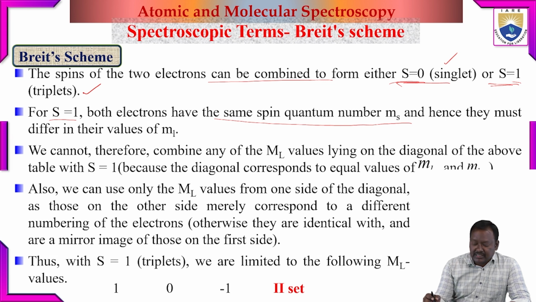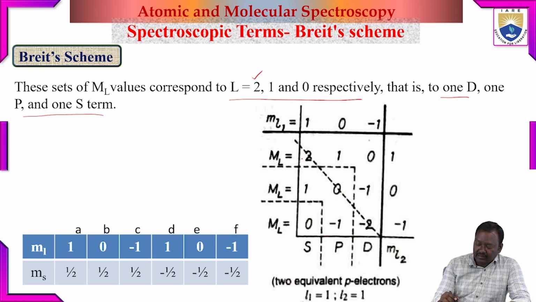Okay, and hence they must differ in their values of ml. But for the diagonal, the values lying in the diagonal are obtained only when both ml1 and ml2 are same.